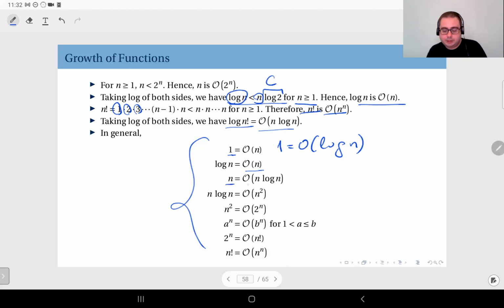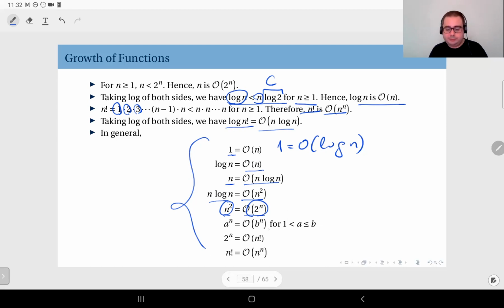And n is big O of n log n. N log n is big O of n squared, so n squared grows faster than n log n. And n squared is big O of 2 to the power n. This is significant: n squared is a polynomial, and 2 to the power n is an exponential function, so its rate of growth is larger than the polynomial.